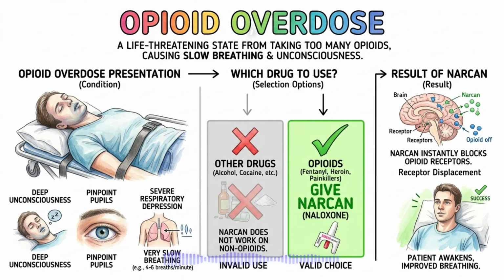Your priority is to manage their airway with a bag valve mask and administer Naloxone, commonly called Narcan, which instantly knocks the opioids off the brain receptors. The exam will remind you that Narcan only works on opioids and is utterly ineffective against other drugs like alcohol or cocaine.